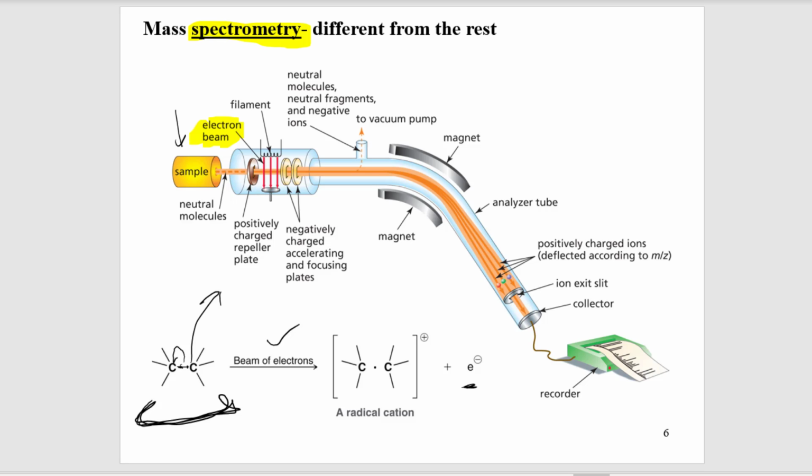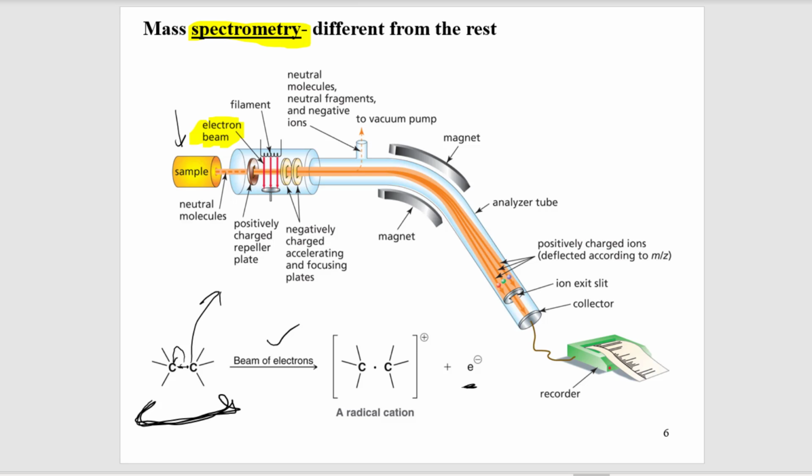And because it's a charged species, the instrument is able to detect it. Neutral molecules, neutral fragments, and negative ions can be pulled through this analyzer tube, and the positively charged ions are deflected and read by the recorder.